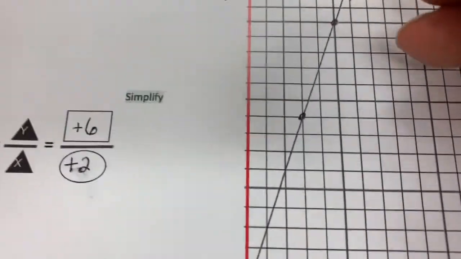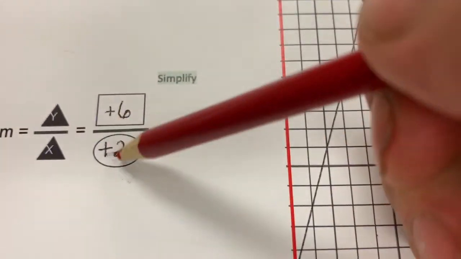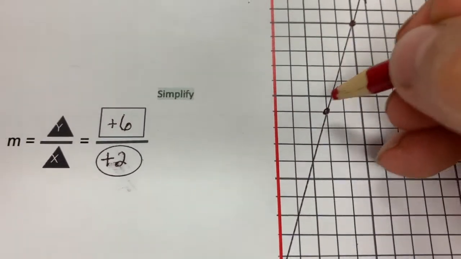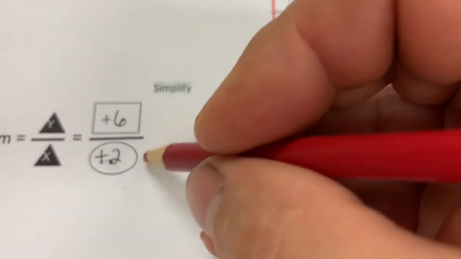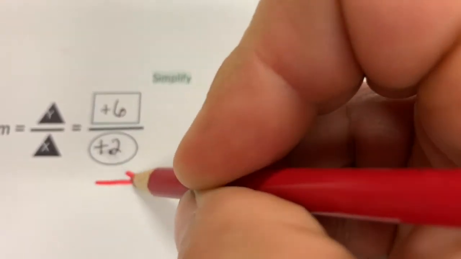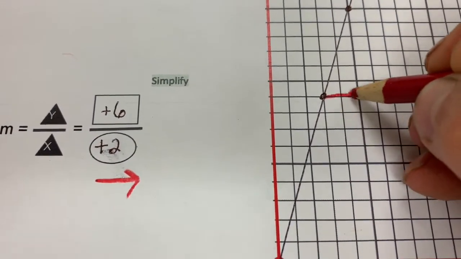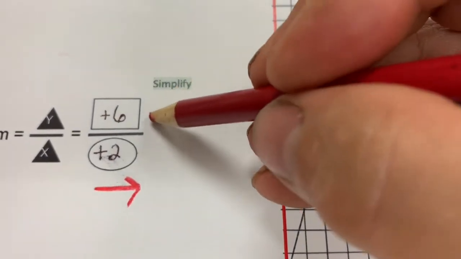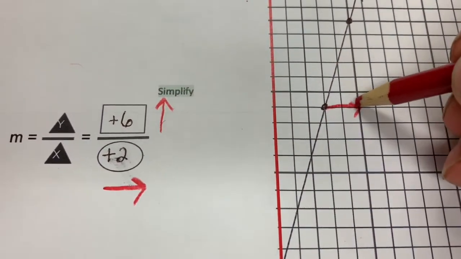Let's look over here and see what that really means on this graph. In the X direction, going from this point to this point, it went positive 2, went to the right 2. And then it went in the Y direction up 6.